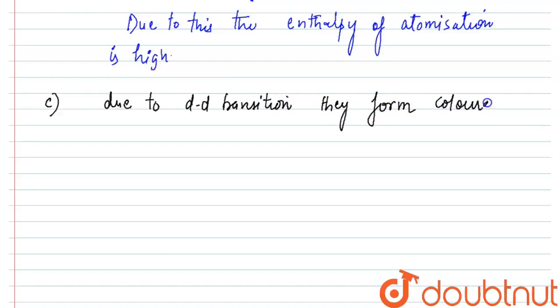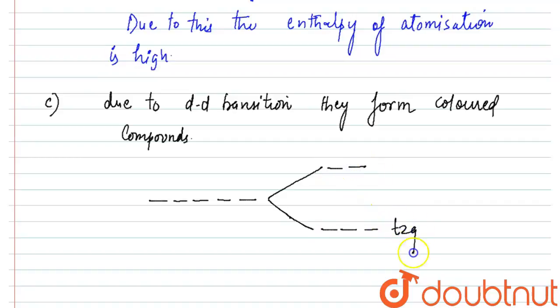Now what exactly happens here? In the presence of a ligand, the d orbitals split into two sets. So this is the d orbital that we have, and it splits into two sets. We have here t2g and eg.